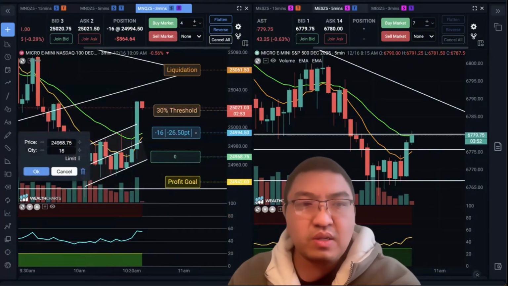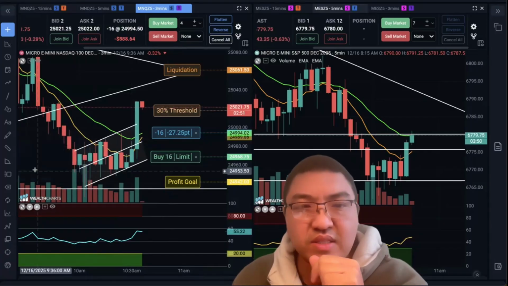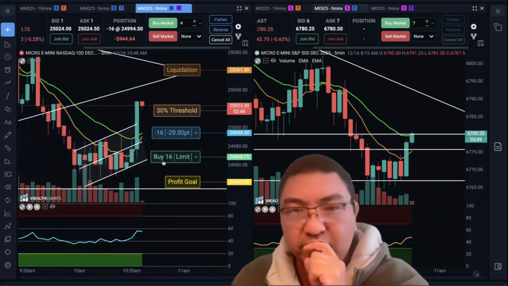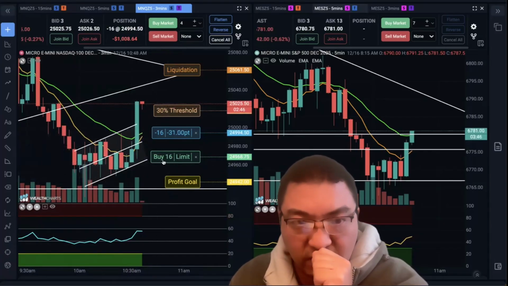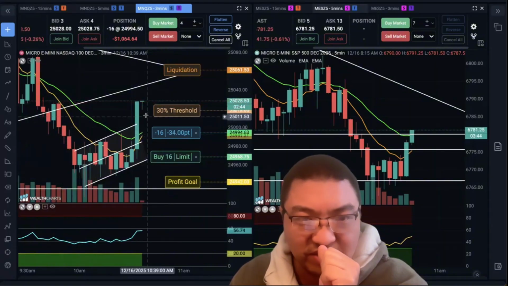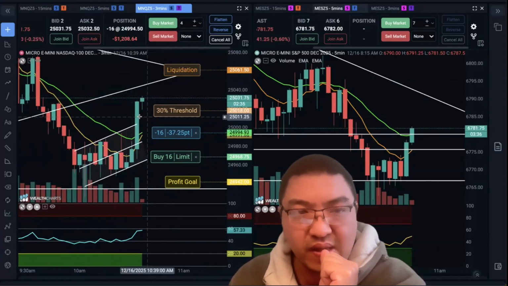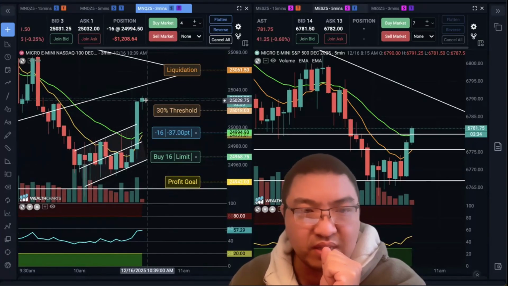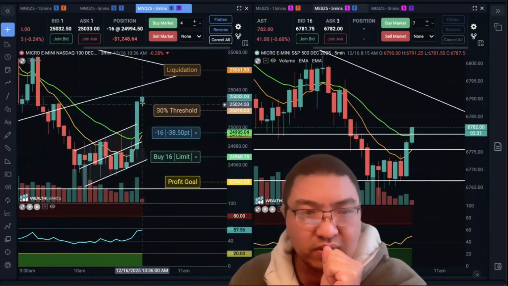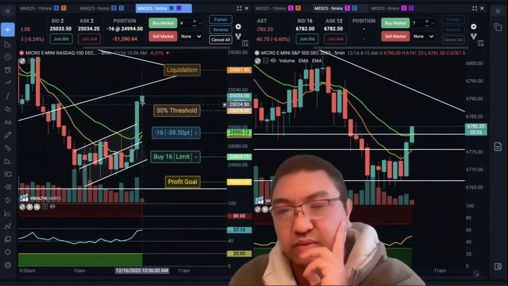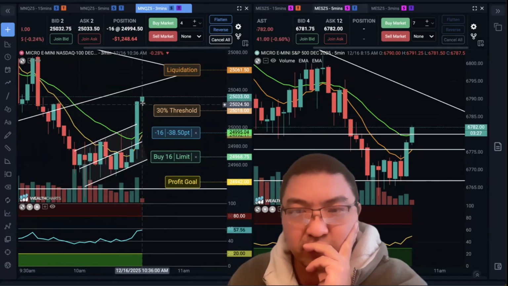Okay. Finally, sellers step in. Let's see. No, this is not even a retest. Oh, it closes about this line. Actually, something happened like this.